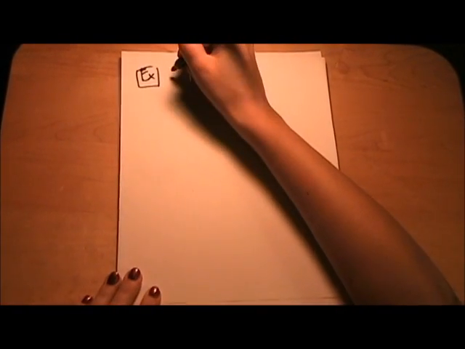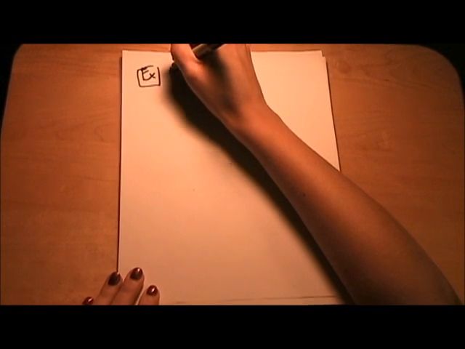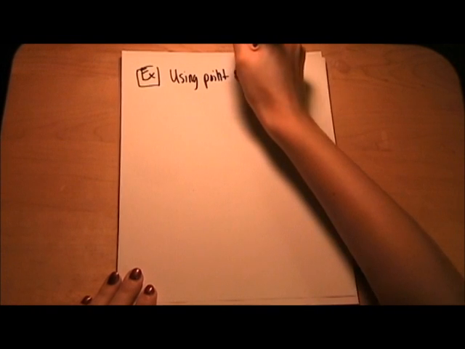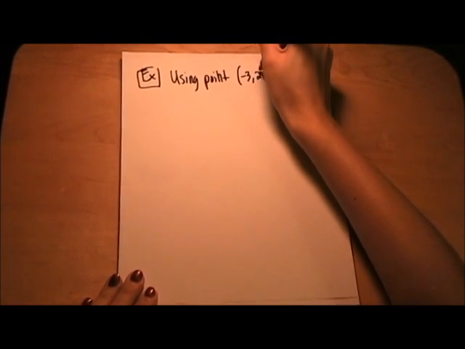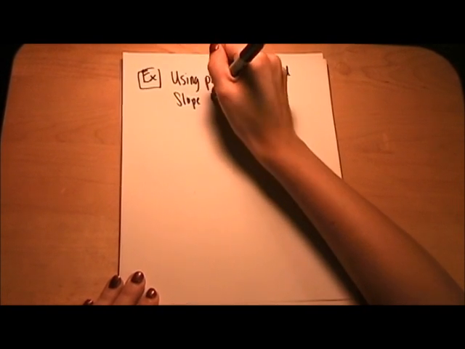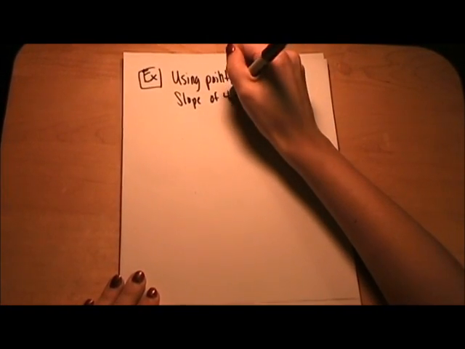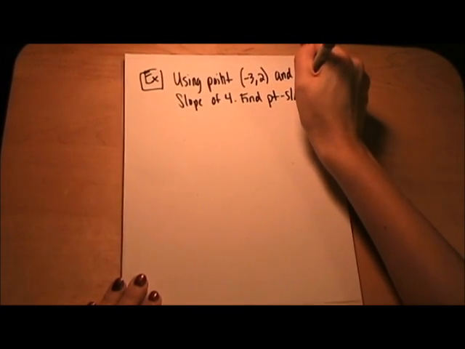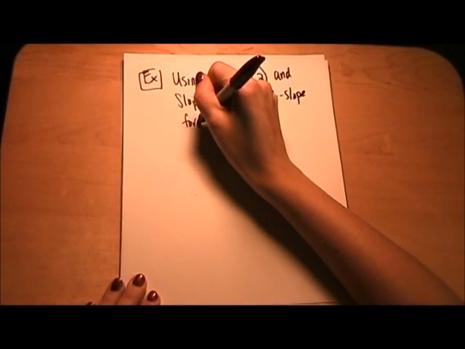They could make it even easier and just say using point -3, 2 and slope of 4, find point slope form.